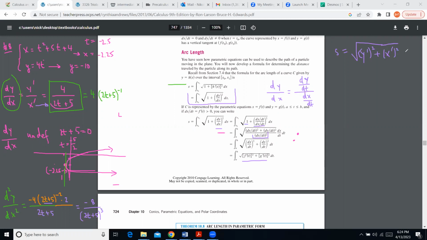And of course, it's going to be taken the integral with respect to variable t, because these are all derivatives with respect to t. And of course, it starts someplace and ends someplace with respect to the parameter t. So that's another thing to realize.